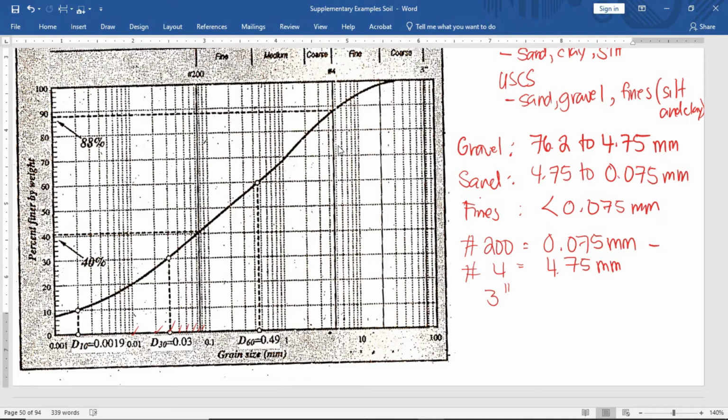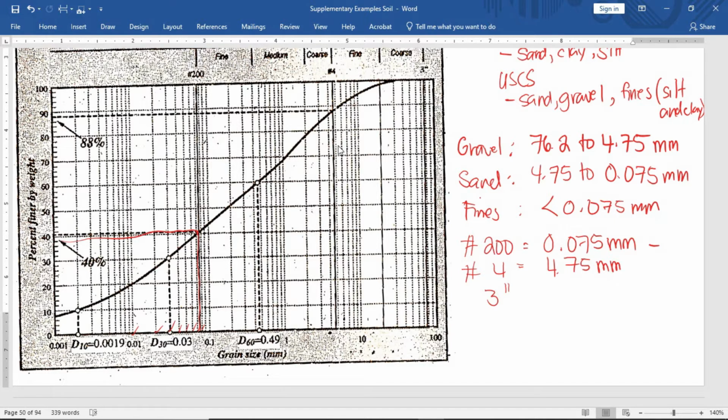So, between dito yung 0.075 natin. Tataas natin sa gitna. Kung saan tumama, yun yung percent finer natin. Dito siya sa 40%.